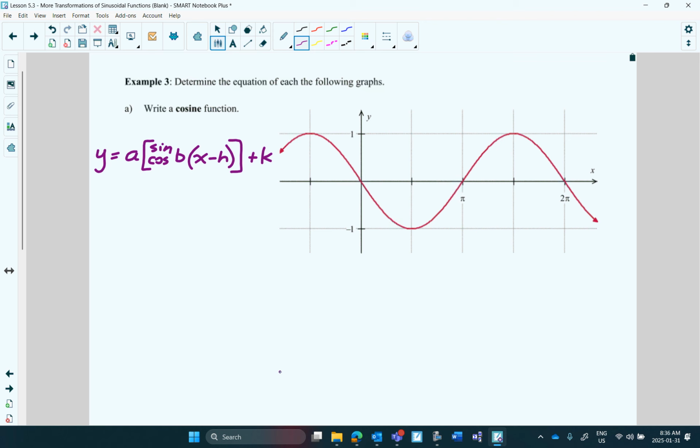And of course, we have to find the values of A, B, H, and K. I would suggest you do it in this form to find the letters.